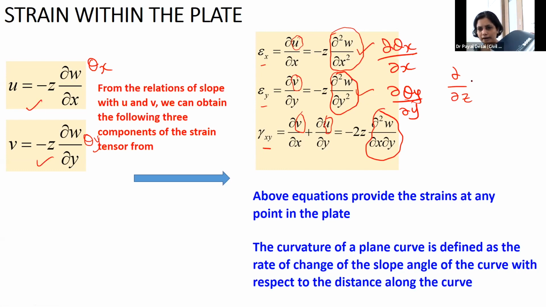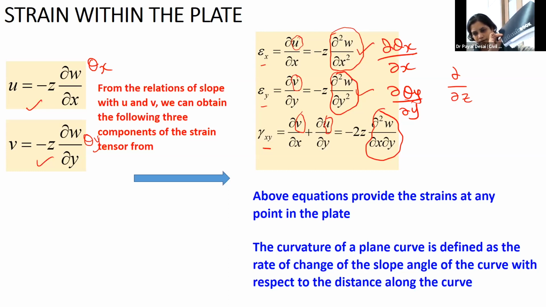But look at here, del square w by del x del y. The rate of change of slope in one direction x, and then again the rate of change of w, I mean the slope, with respect to y. So one is changing with respect to x, the other one is changing with respect to y.